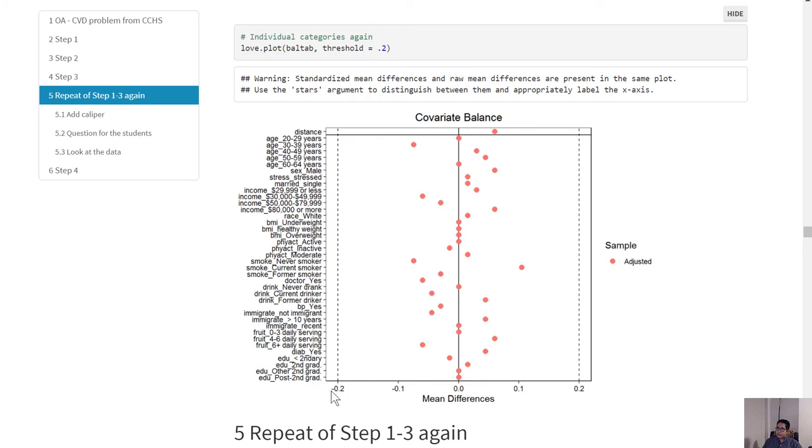You can see the 0.2 plus and minus are the cut points, and none of the points are beyond them. But if your cut point was 0.1 here, then you would see some of the values would get truncated here.